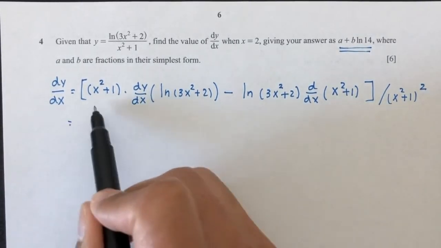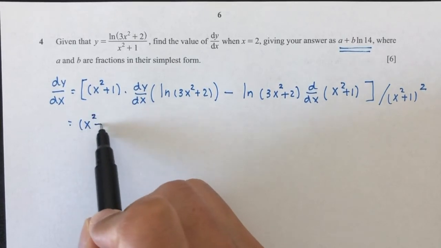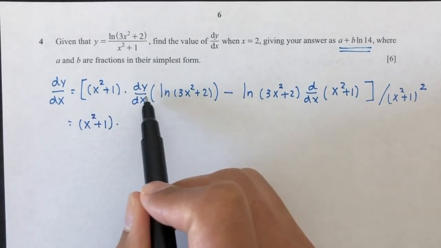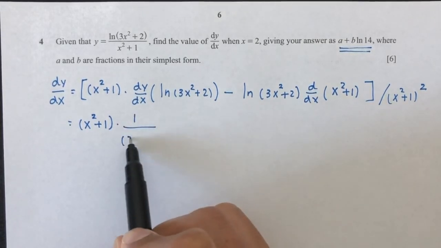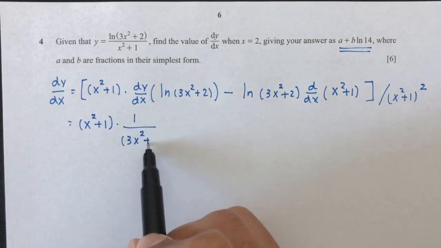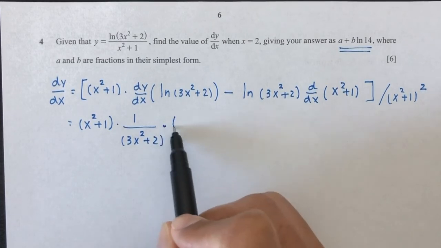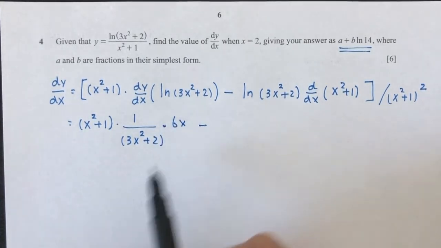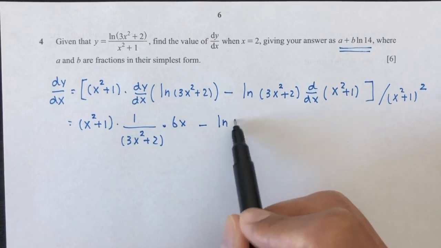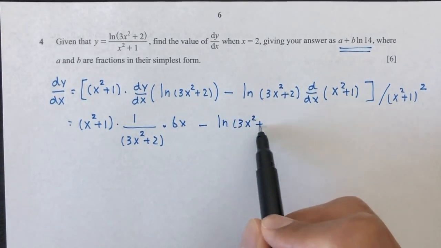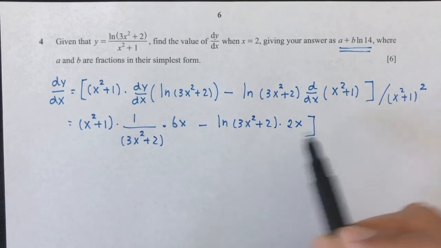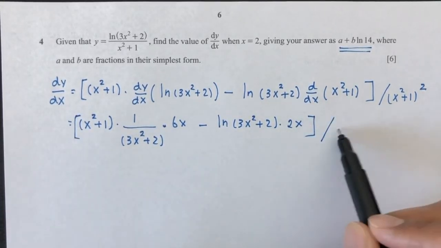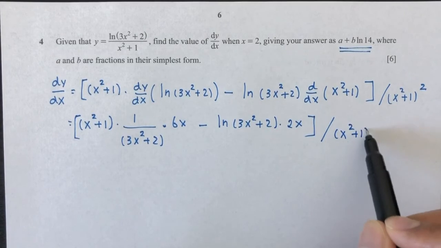So let's simplify. Here we have x squared plus 1 times d by dx of this, which will be 1 over 3x squared plus 2 multiplied by 6x, minus ln(3x squared plus 2), this one will be 2x, everything divided by (x squared plus 1) squared.